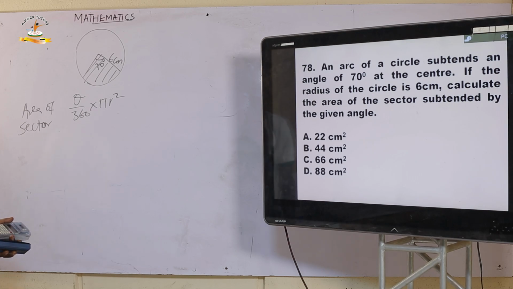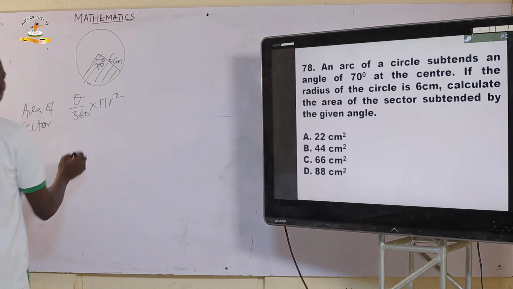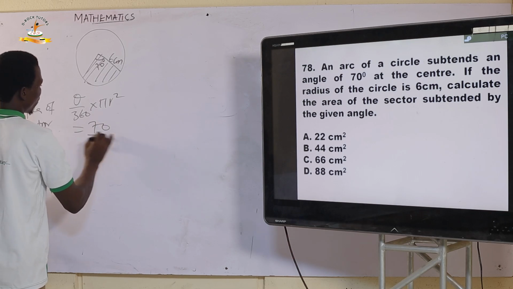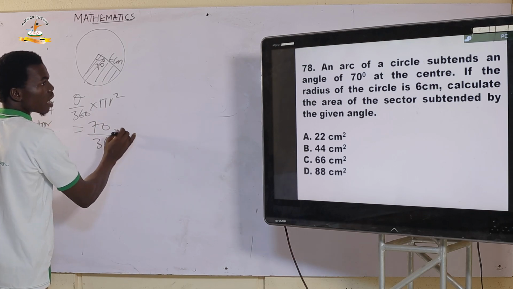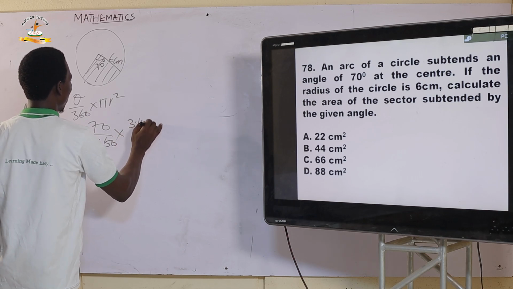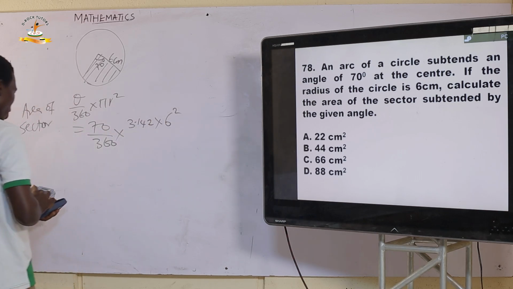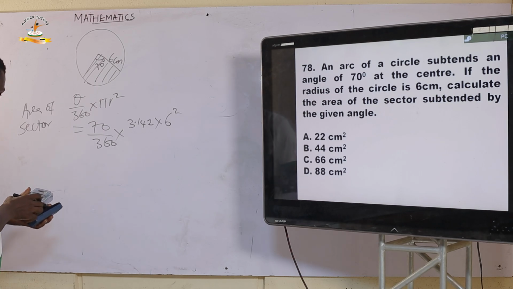So with this, we're going to say 70 by 360 times, let's use our pi as 3.142, times our r squared, which is 6 squared. And let's press this and see what we're going to get.